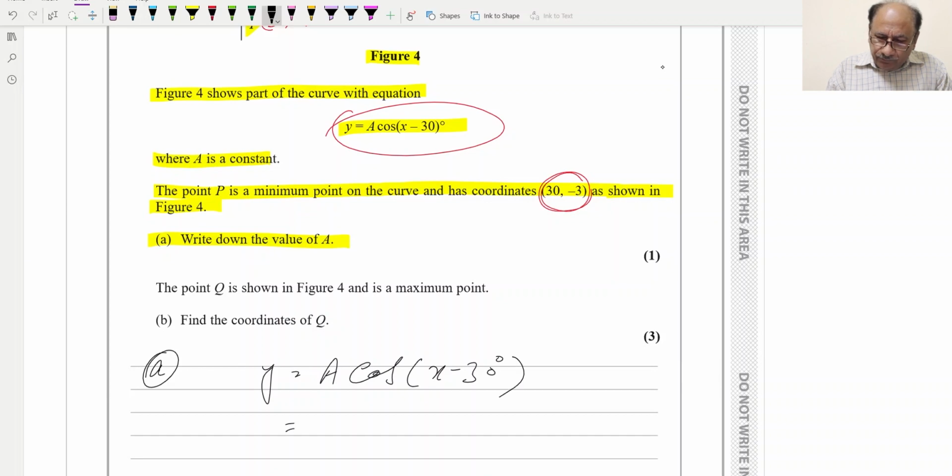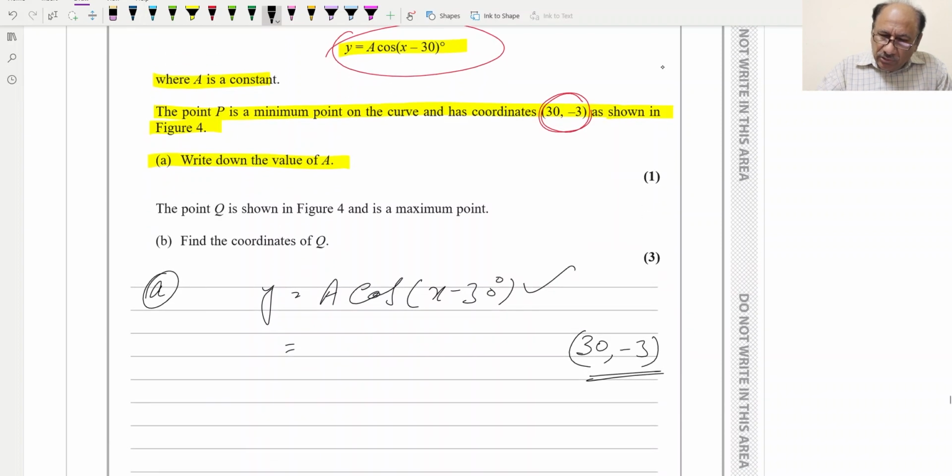So we can write the point which is (30, -3). This point is on this curve, so it will be satisfying this equation. So we put this point in this equation, so it will be -3 is equal to A cos(30 minus 30).